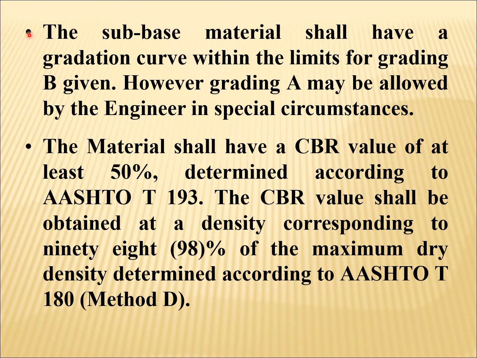The subbase material shall have a gradation curve within the limits for grading B given. However, grading may be allowed by the engineer in special circumstances. So basically, the availability of the material will dictate you in this regard.